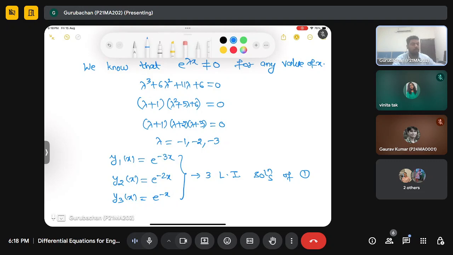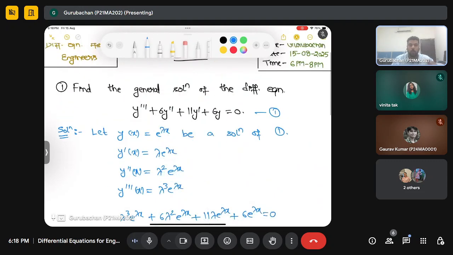If you remember the existence and uniqueness theorem, if the differential equation has this kind of form with continuous coefficients over the whole domain, here the real numbers, since they are polynomials, then it has at most n linearly independent solutions, and the linear combination of these linearly independent solutions will be the unique solution of this differential equation.